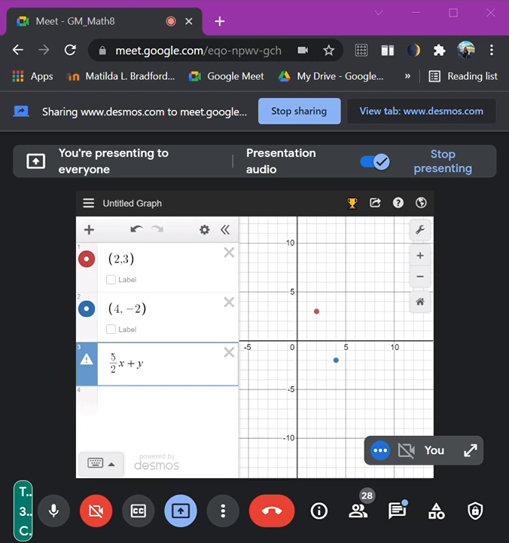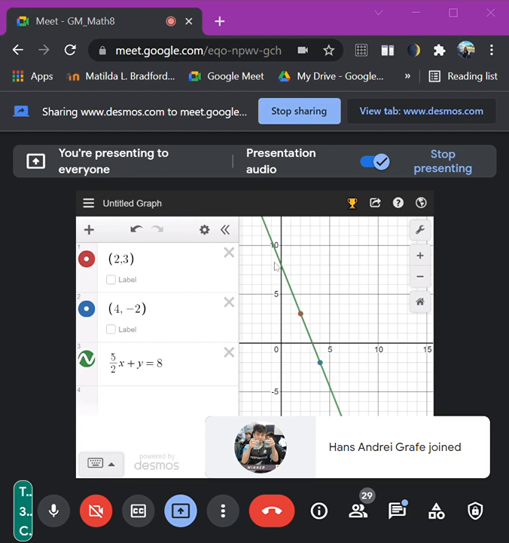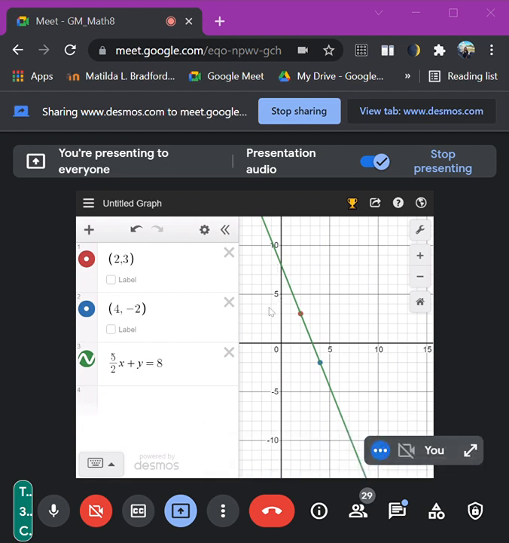So, kung matouch gani na siya sa atoang duha ka dots class, meaning to say that is your equation of your line. So, meaning to say our answer is correct. So, that is how you are going to check if your equation of your line is correct.